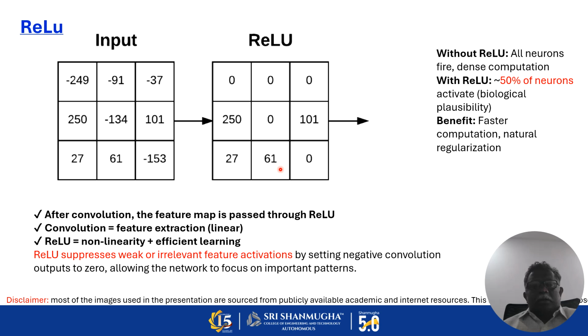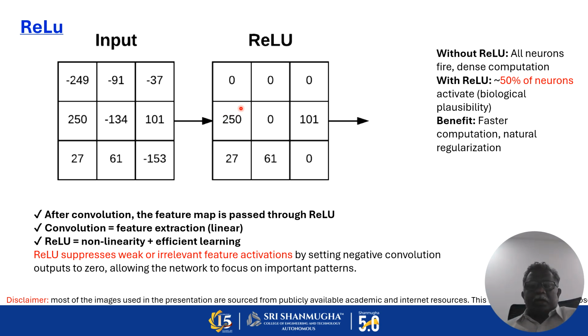Since we discussed a lot about convolution operations, after the convolution operation we get a feature map, that is the output of the convolution operation. There we apply an activation function, and whatever negative values we have become 0, and whatever positive values we have remain the same. The positive values represent the features in the image.